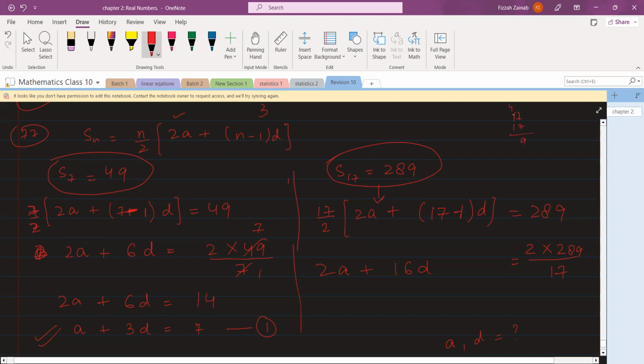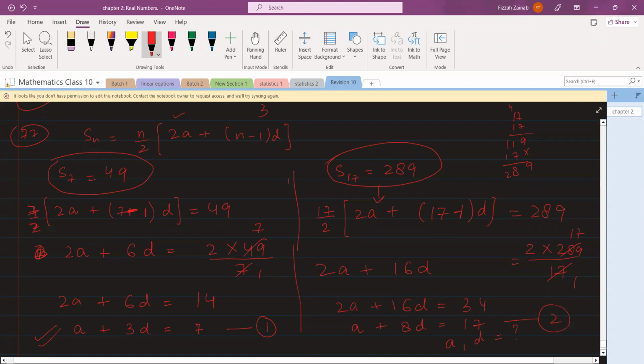Yes, so 17 into 17, and 2 into 17 will be 34. So you get 2a plus 16d is equal to 34. Then you can divide throughout by 2. So it will be a plus 8d is equal to 17. This is your equation number 2. Is it fine?